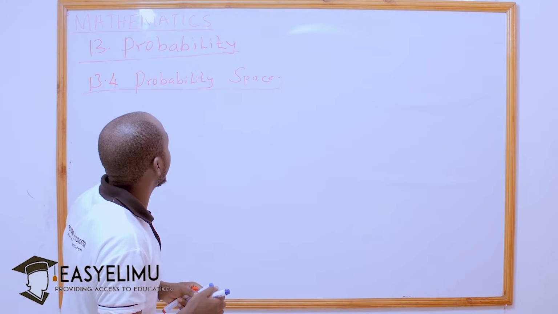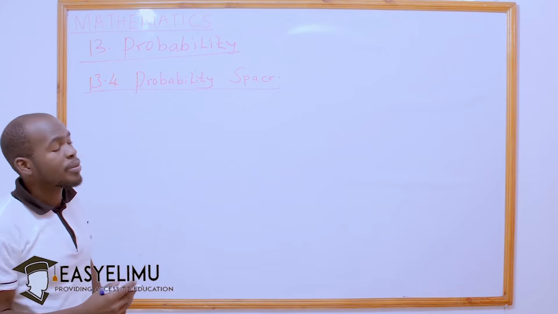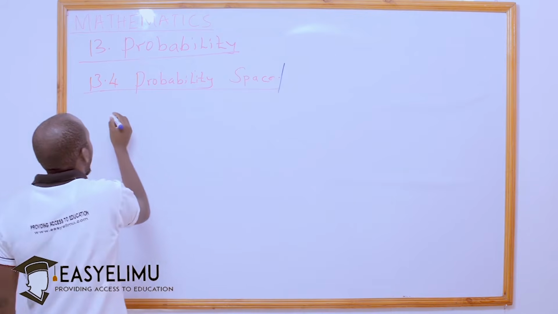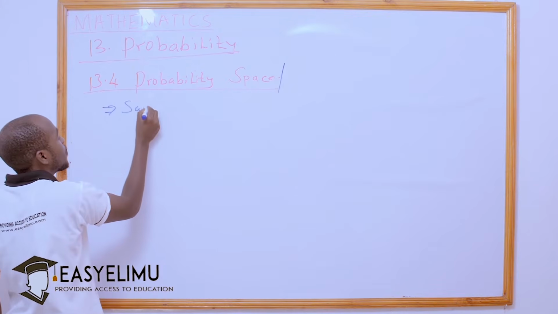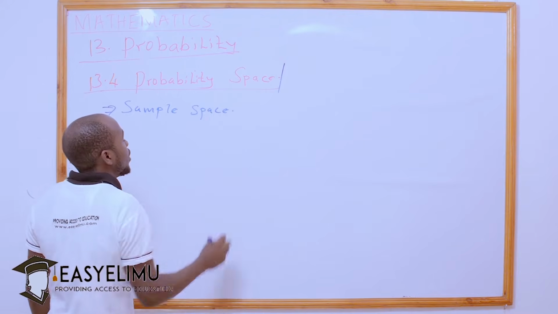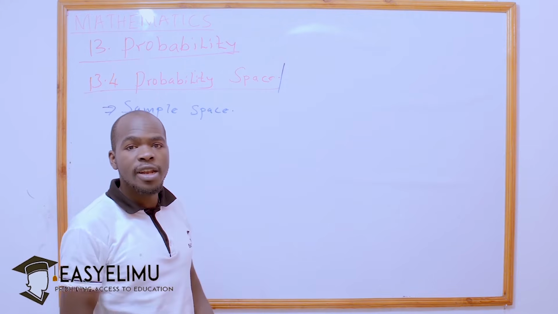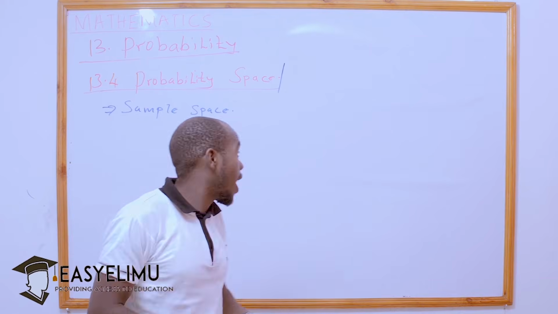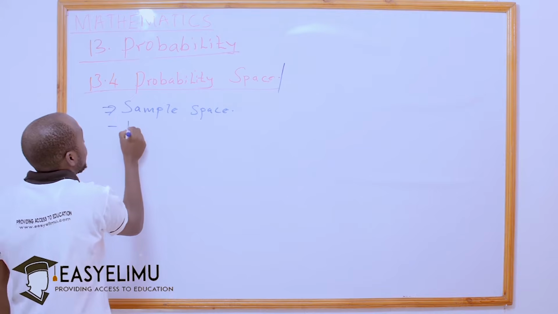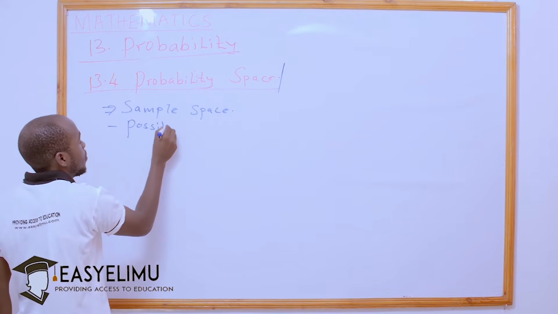So you will find out that what we refer to as probability space may also be called sample space, because it is within the outcomes of a given event occurring. It may also be referred to as possibility space.